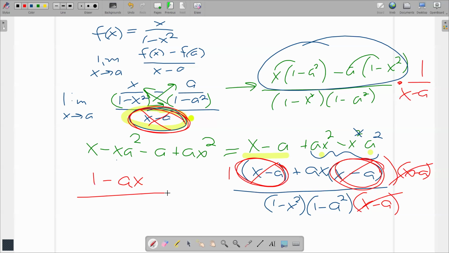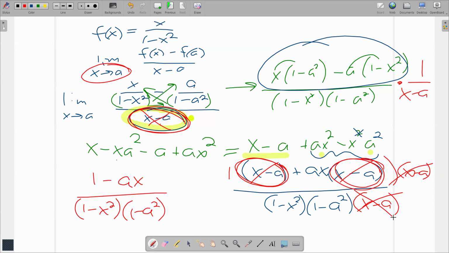In the bottom, I have 1 minus x squared times 1 minus a squared, and everything else is gone. Woo! So again, we're trying to do the limit as x approaches a. The 0 in the denominator was a problem. I just got rid of it. I think I can plug in a's now.